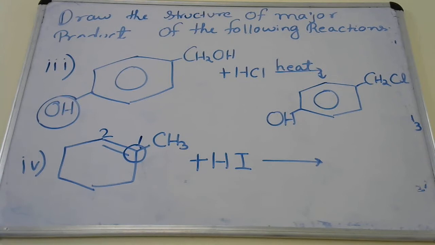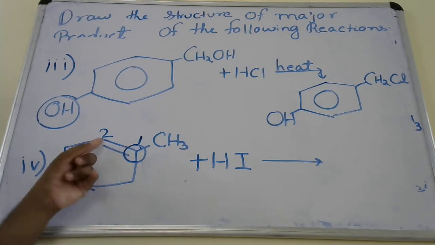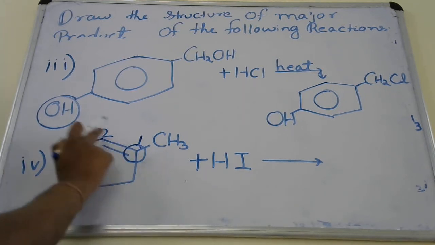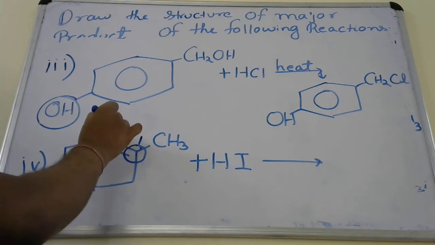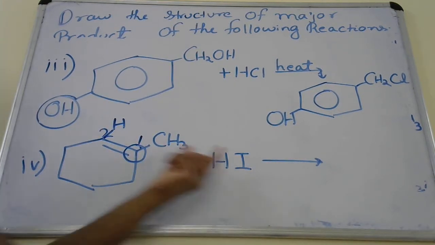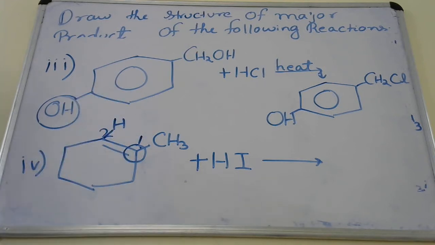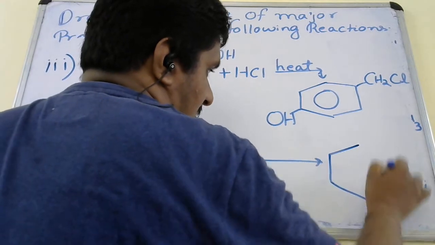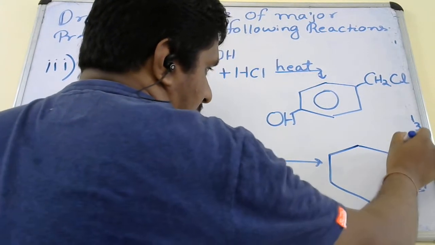Carbon number 1 has no hydrogen: double bond, one bond here, 4 bonds. So no hydrogen in carbon number 1. But carbon number 2 has 1 hydrogen. So the halogen will attach to that carbon which has lesser hydrogen. Markovnikov addition. And the double bond will be converted into single bond.